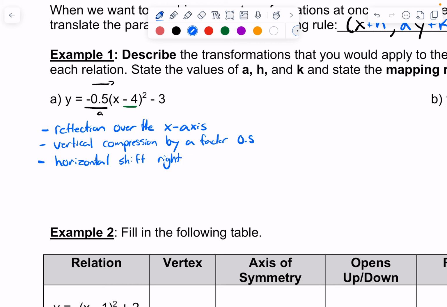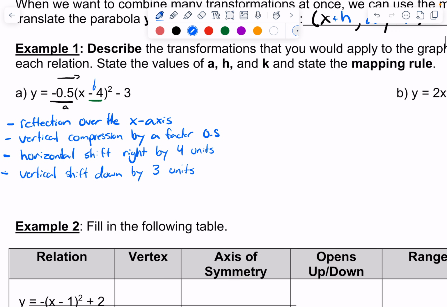And I say right because it is negative, so you go the opposite direction. Shift right by 4 units. And then the last one, it's a vertical shift down by 3 units.